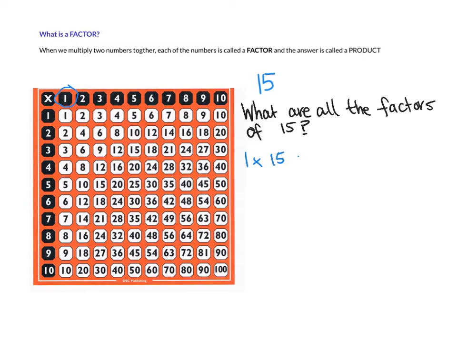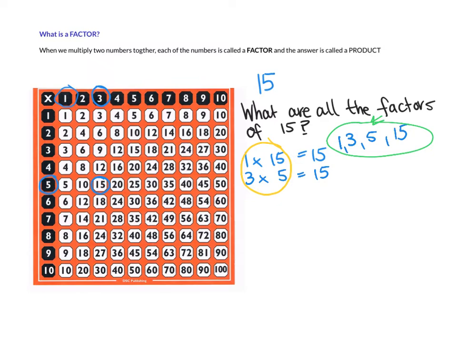Okay, so we know that 1 times 15 equals 15. We also know that 3 times 5 equals 15. These are your factors of 15. So 1, 3, 5, and 15 are your factors of 15.